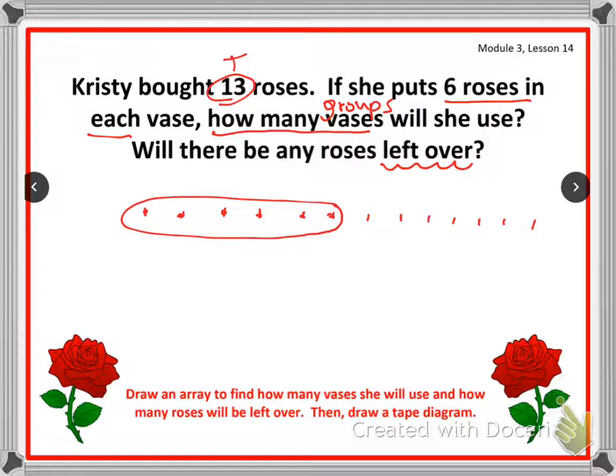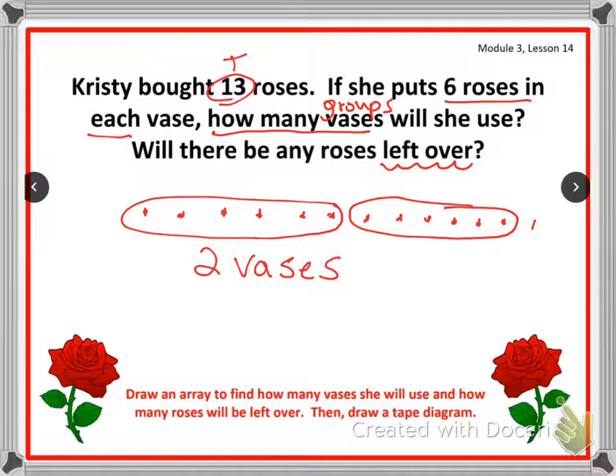There's a group. 1, 2, 3, 4, 5, 6. And there's a group. So we have 2 groups, which means we've got 2 vases and 1 rose left over.